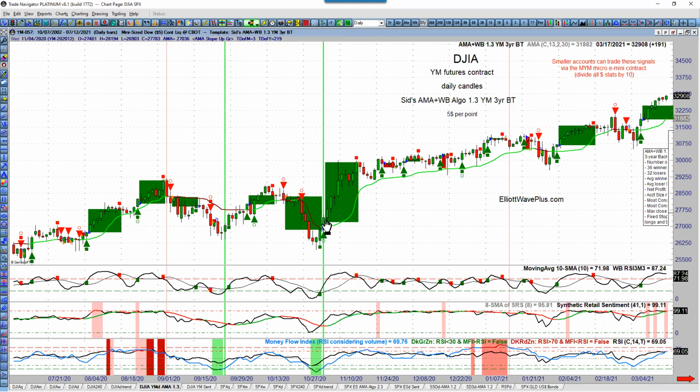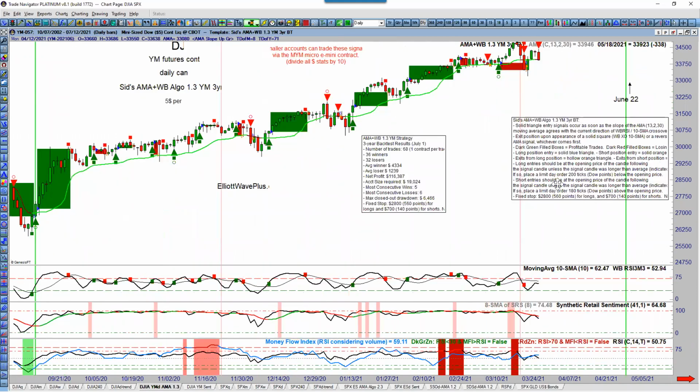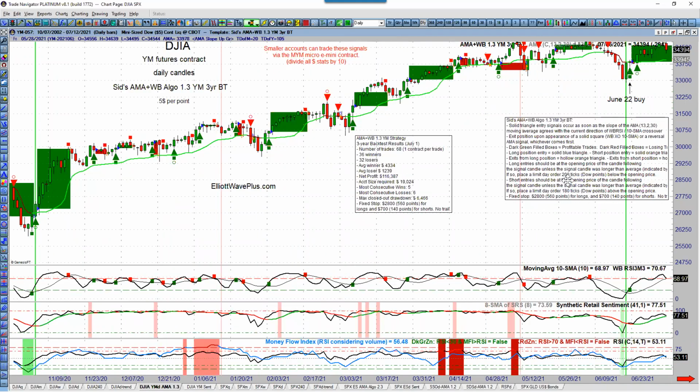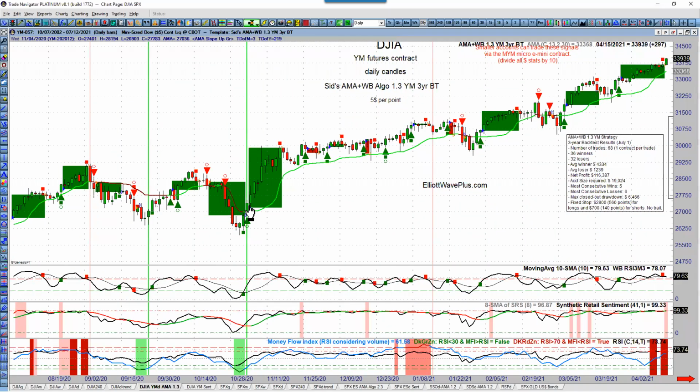And so in this particular case, it looked for a pullback of 200 Dow points, 200 ticks, before it went long. Well, in this case, that turned out to be beautiful. And then it stayed long with the trade until the Walter Bressert showed a loss of momentum. Well, that ended up being an enormous winner.